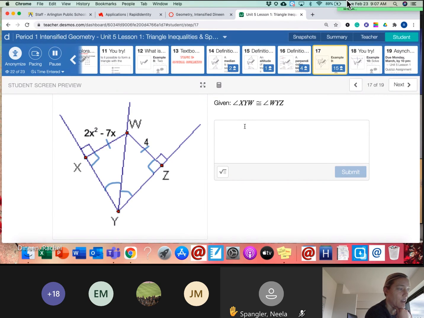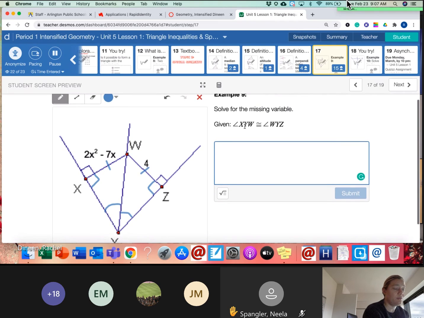If they are congruent, I know they are equal, so I'm going to set up an equation to set them equal to each other. So 2x squared minus 7x equals 4.